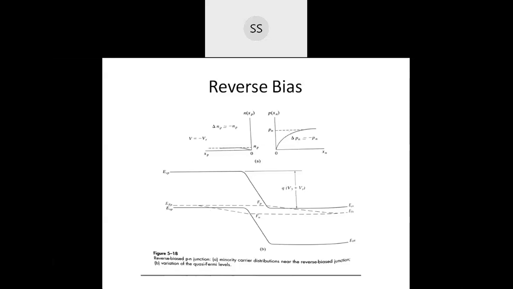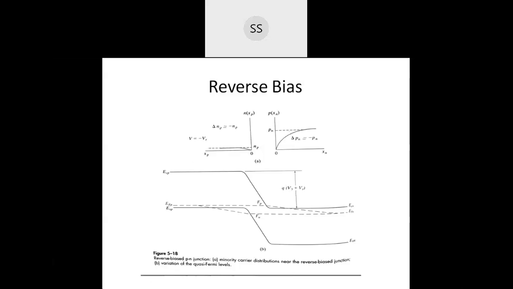Earlier their levels were like this, shown by the dotted lines. But as soon as the reverse bias is applied, the minority carriers tend to cross this barrier. Because of that, their concentration at the edges falls, and this is technically called minority carrier extraction, which is analogous to carrier injection during forward bias.